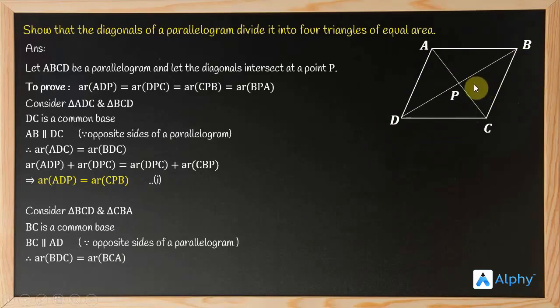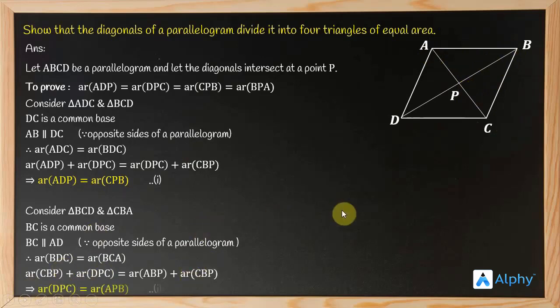Now again, BPC is a common area. We can split the area as CBP plus DPC and the area of ABC as ABP plus CBP. And you can cancel CBP from both sides and you will get that area of DPC is equal to area of APB.